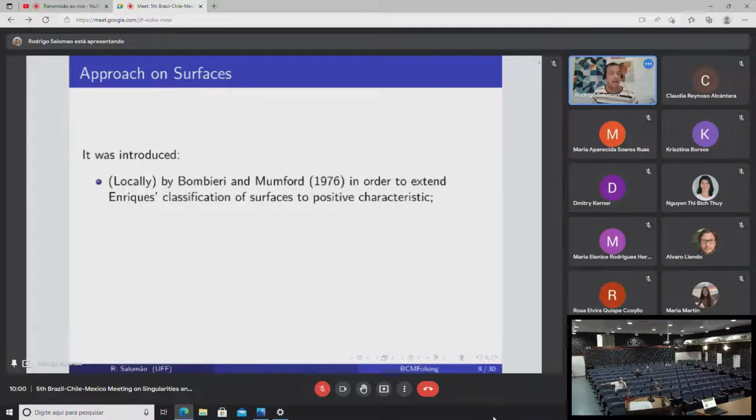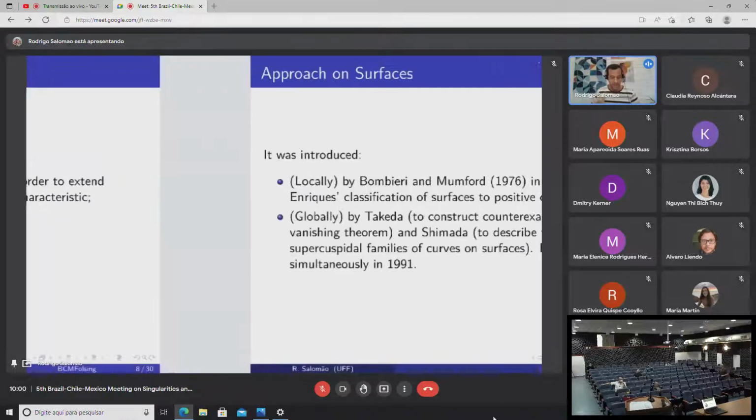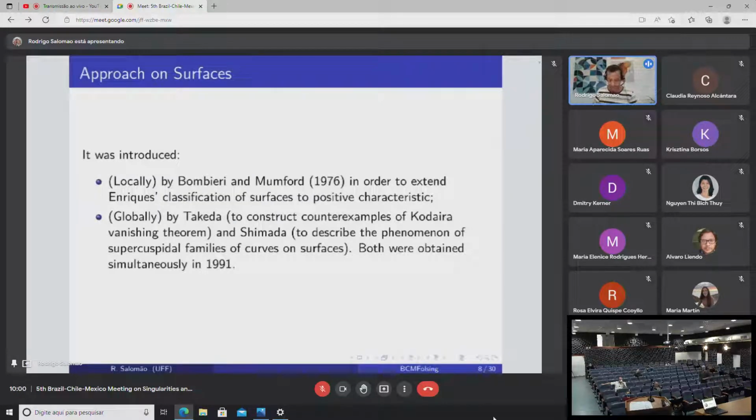On the other hand, I would like to give you another approach which works over surfaces. It was introduced locally by Bombieri and Mumford in the Enriques classification of surfaces in positive characteristic, and was done globally by Takeda to construct counterexamples of the Kodaira vanishing theorem, and by Shimada to describe supercuspidal families of curves on surfaces.